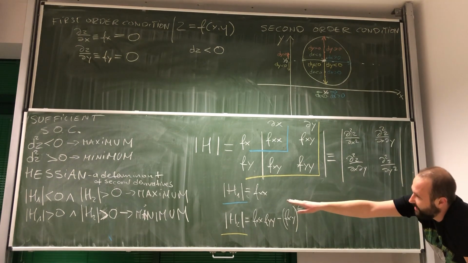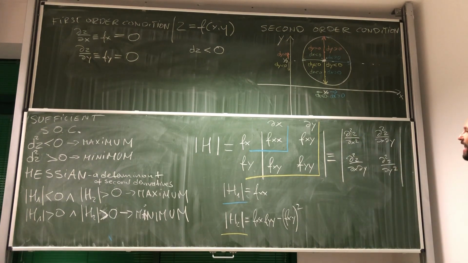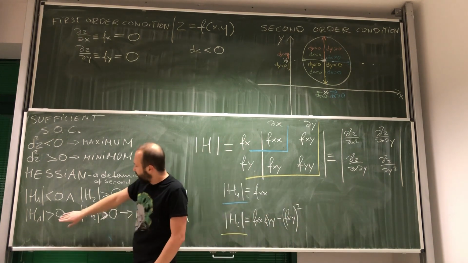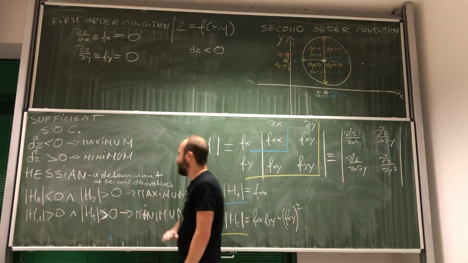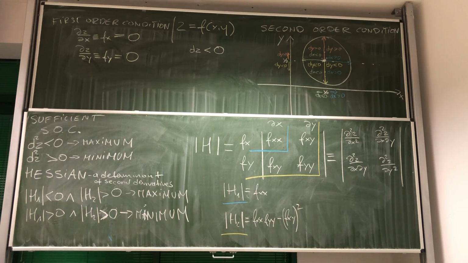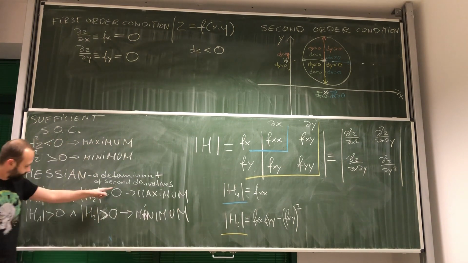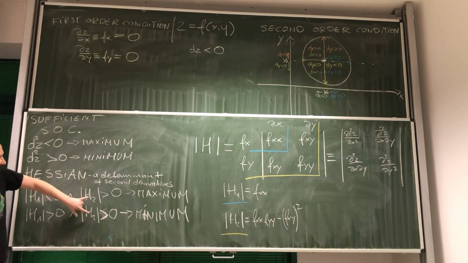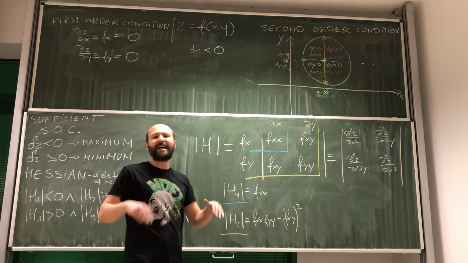If the first principal minor, so this one, is smaller than 0, and the second one is bigger than 0, it is a maximum. If H1 is bigger than 0, and the second one is bigger than 0 as well, this is a minimum. If H2 is smaller than 0, it would mean we have a saddle point.